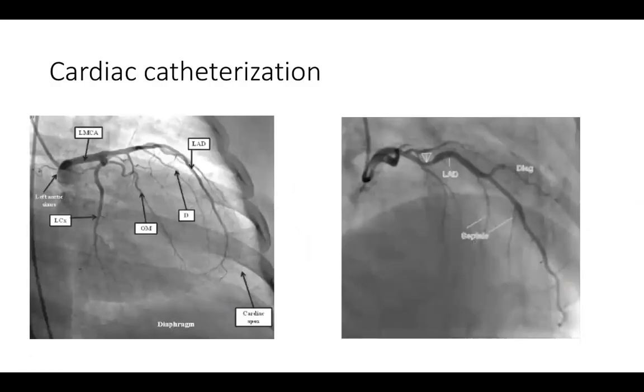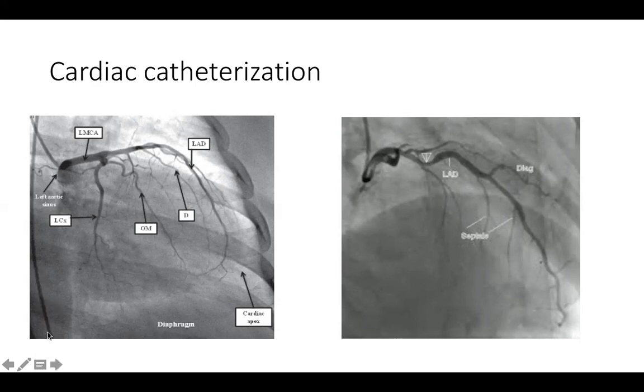This is a still image of the cardiac catheterization. In cardiac catheterization, we go either from the femoral artery or from the radial artery. In this case, we are going from the femoral artery. If we see this black lumen, this is the catheter.